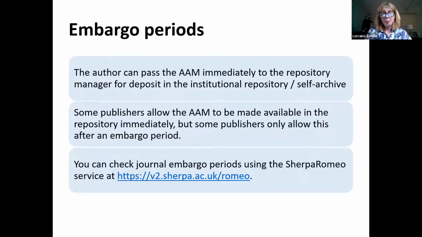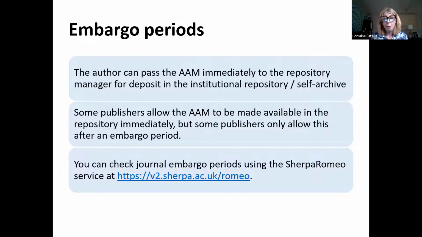Now, once the author has obtained their AAM version, they can immediately pass that to the repository manager for deposit in the institutional repository, or in some cases, repositories allow the authors to upload it, self-archive it themselves.